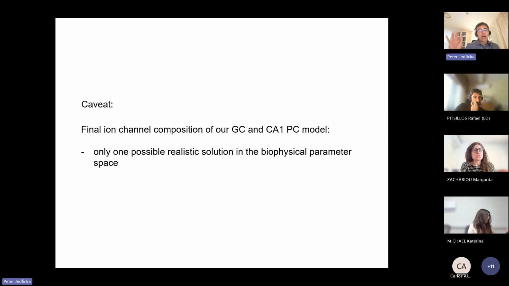Here, actually, there is one caveat, because so far, I told you that we used for the granule cells many different morphologies, but we had only basically one ion channel composition. So the densities of ion channels were not very heterogeneous. So we found basically in this old 2017 paper, and also then for the CA1 pyramidal cell paper, only one possible solution in the complex biophysical parameter space.